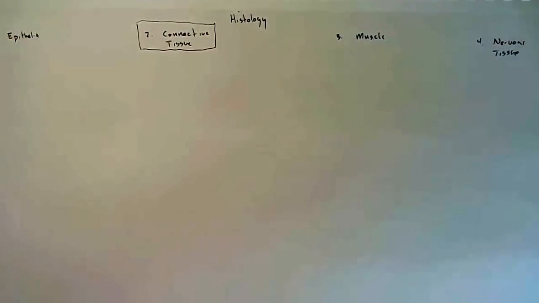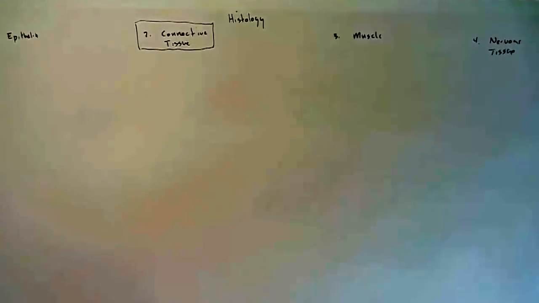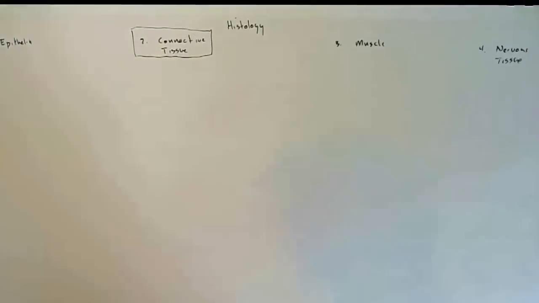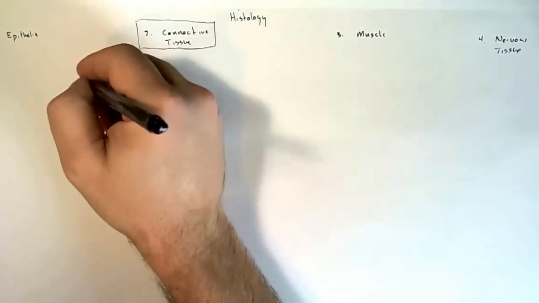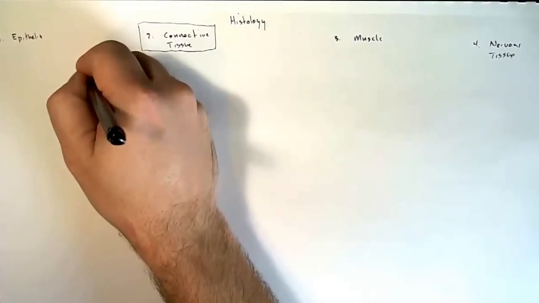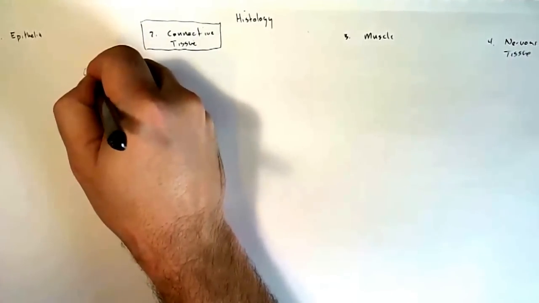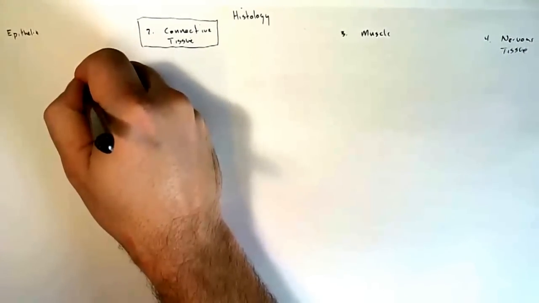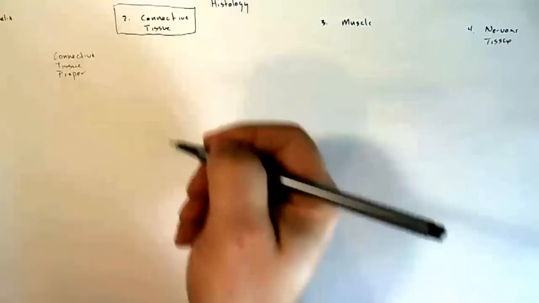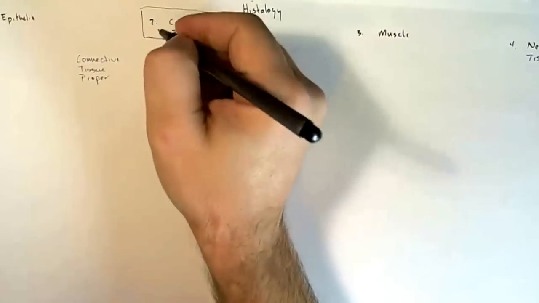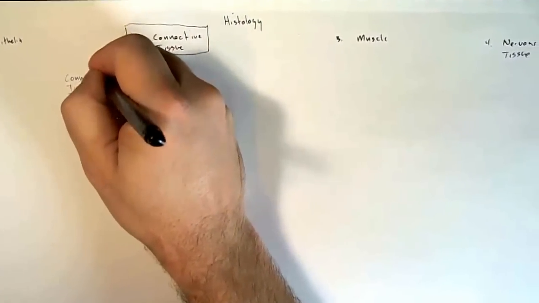Connective tissue is not nearly as complex as epithelia, but it's still a lot more complex than muscle and nervous tissue. The first thing is you have something called connective tissue proper. And that can be divided into two different types.